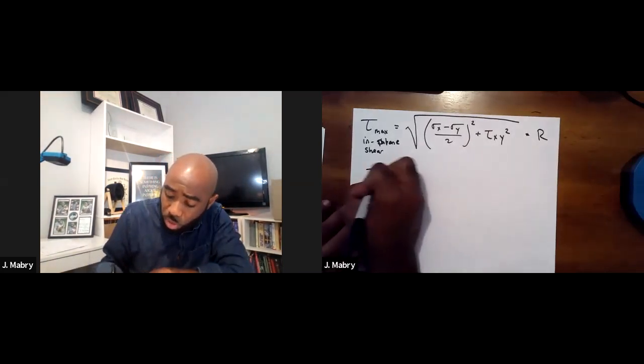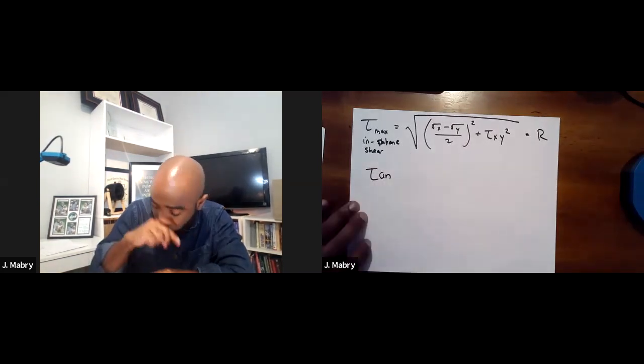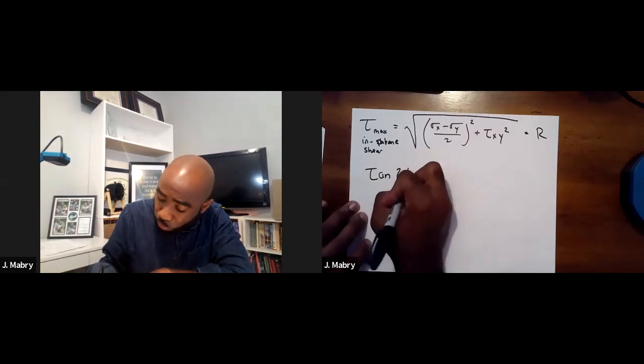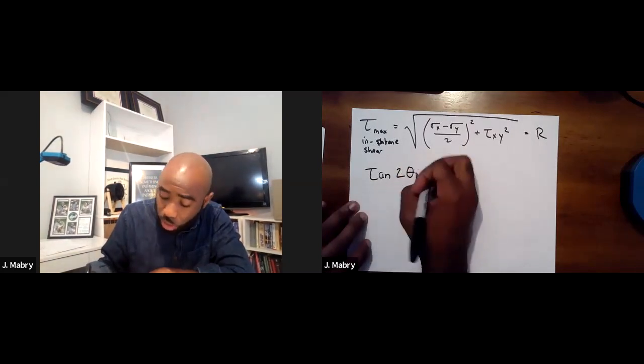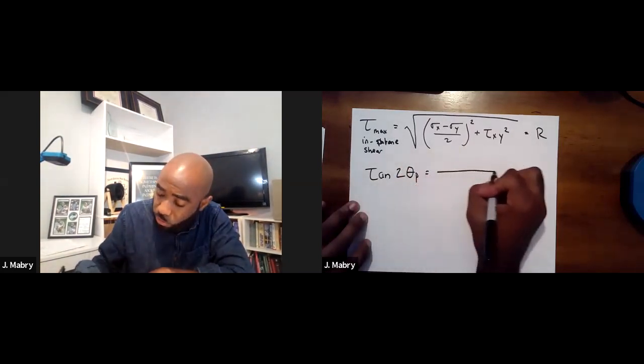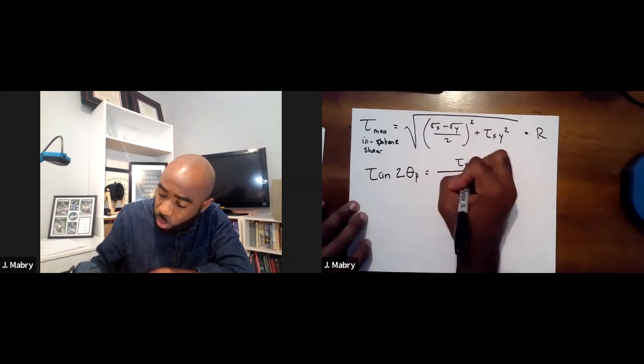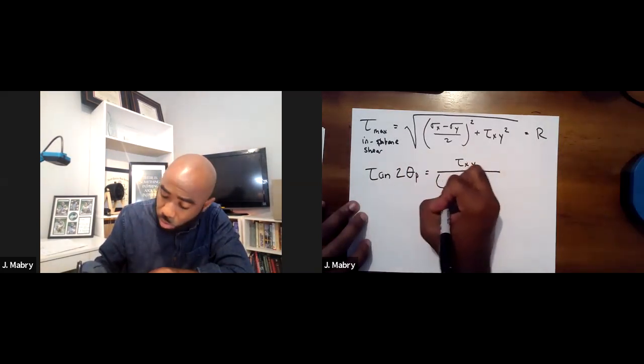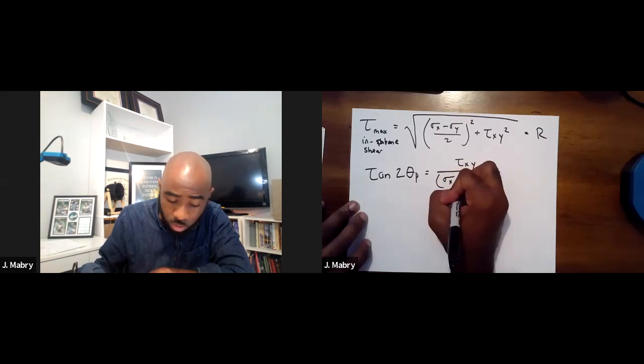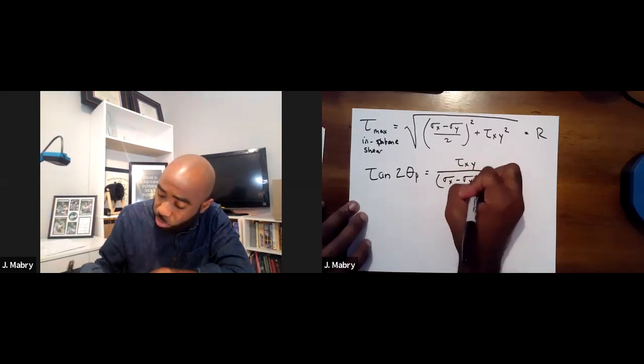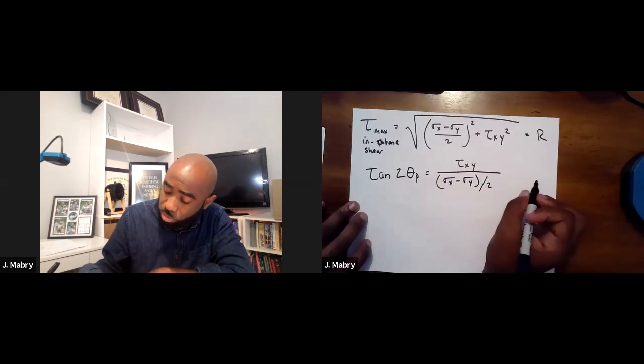And if we want to know our orientations, tangent of 2 times theta sub p is equal to tau xy over sigma sub x minus sigma sub y divided by 2.